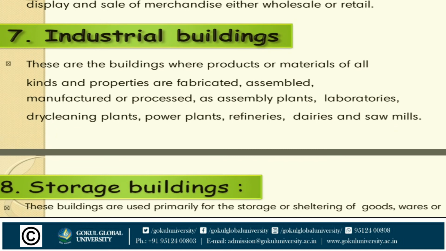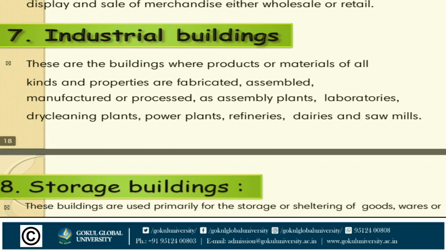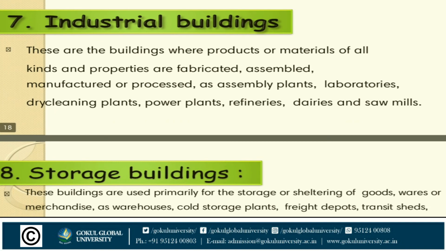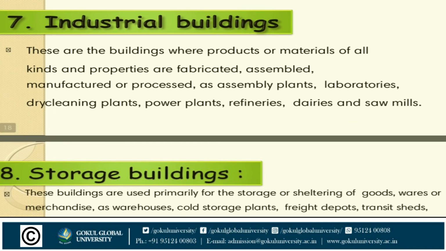These are the buildings where products or materials of all kinds and properties are fabricated, assembled, manufactured, or processed, such as assembly plants, laboratories, dry cleaning plants, power plants, refineries, dairies, and sawmills.